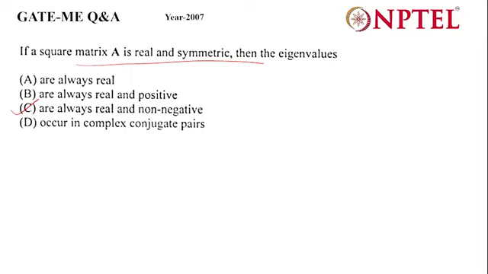If you take any symmetric matrix, you will check their leading minors. They will be positive because they have to satisfy this condition. So this will lie in that property: if all leading minors are positive, all its eigenvalues will be positive. Okay, ma'am, thank you.